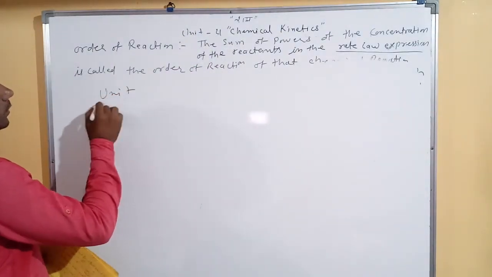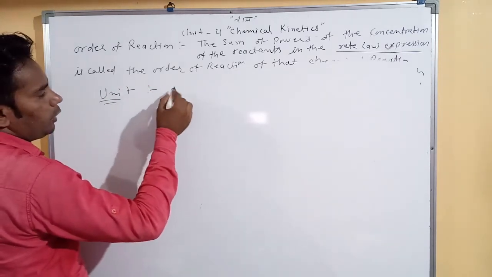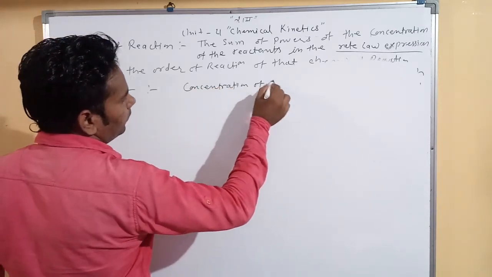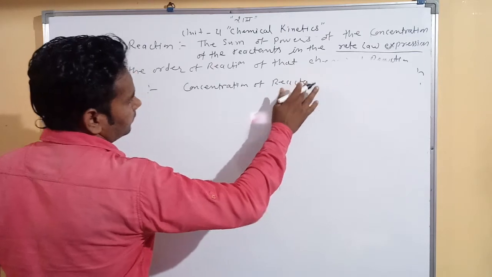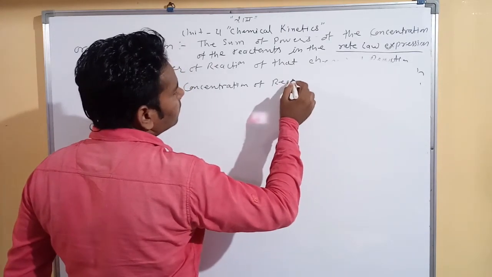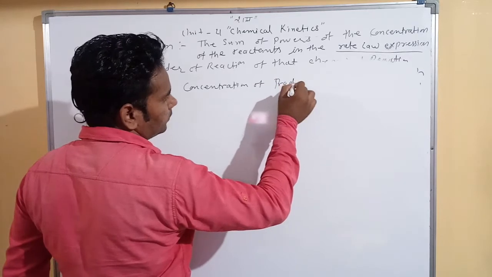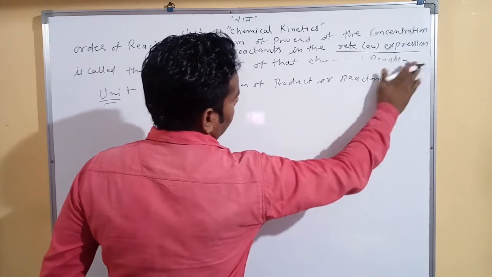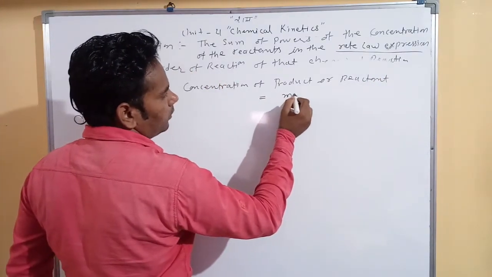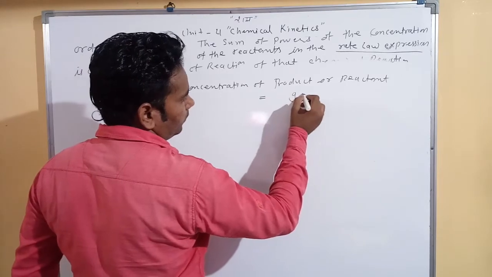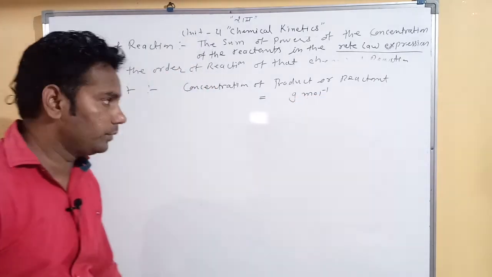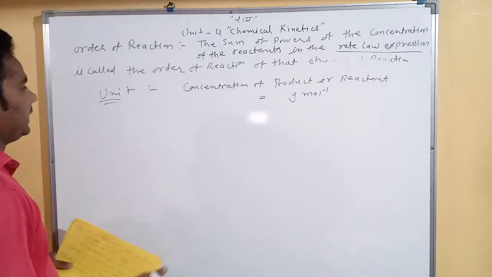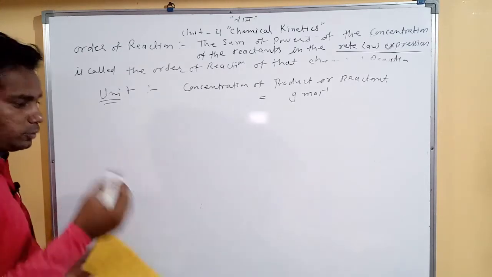We know about the unit of concentration of reactant or product, both. The unit is mole per liter, or gram per mole inverse. This is the unit for the concentration of products and reactants.